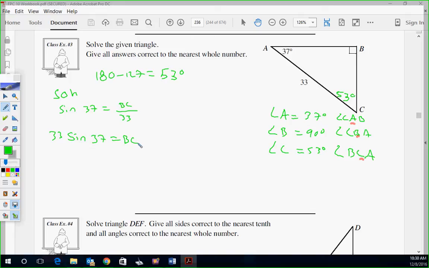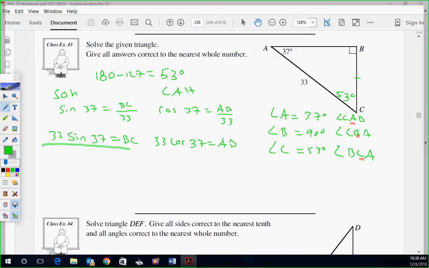We're going to do the same thing for cosine. Cos of 37 for AB. And then you get 33 times cos 37 equals AB. Okay, so what are those? What's the BC? Somebody get that on the calculators, let me know. What's that? This one's 20.